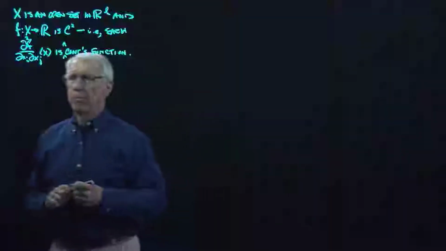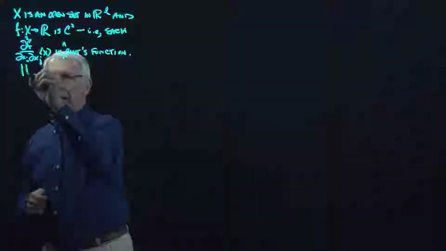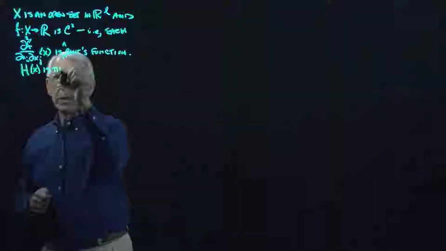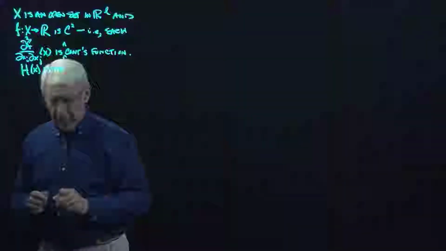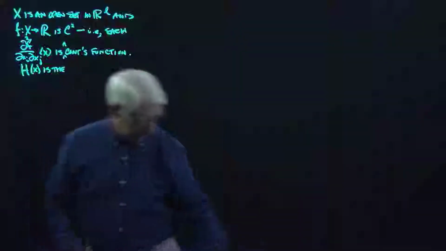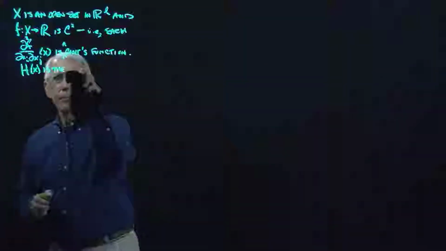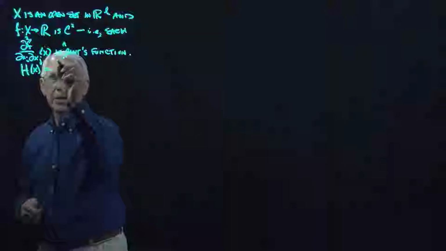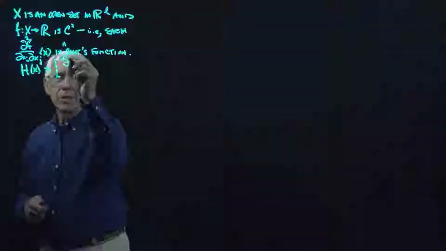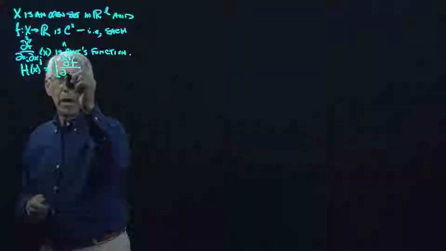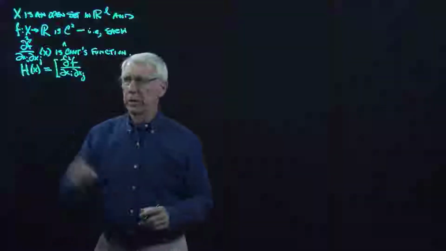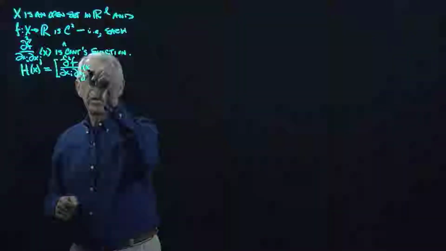Let's point out that we're going to use, as we've done before, H of x as the Hessian matrix, which is the matrix of second partial derivatives evaluated at x.